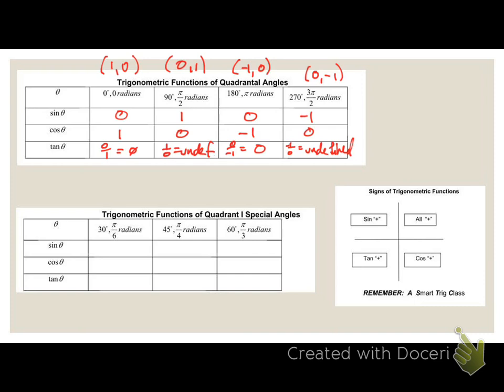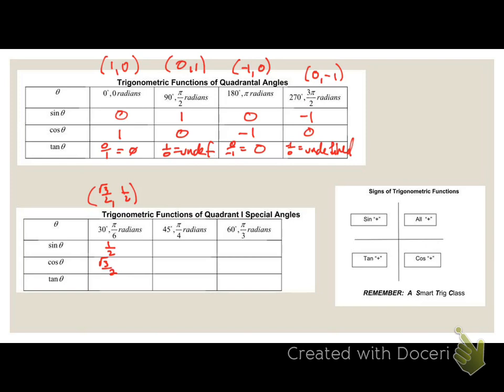Okay, now, the specials in quadrant 1, 30, 45, and 60. So the coordinates at pi over 6, or 30 degrees, are radical 3 over 2, 1/2. Right, so that means that the sine of 30 is 1/2. Cosine of 30 is radical 3 over 2.